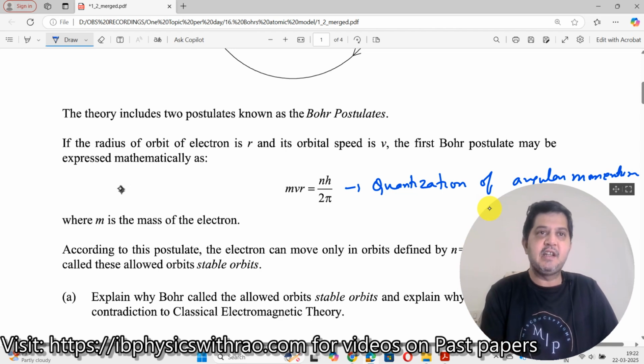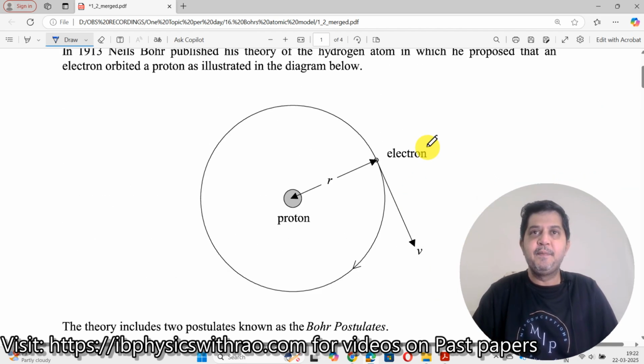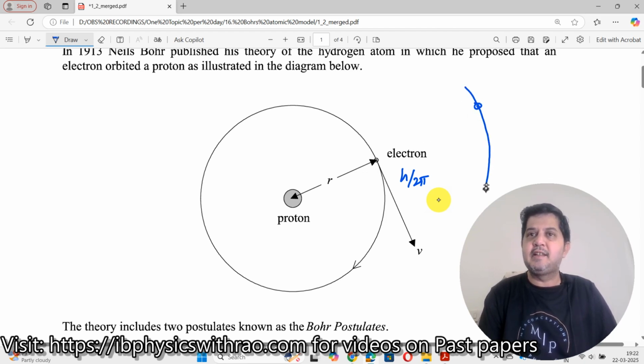Okay, so which means that if you have a nucleus, I'll write it over here. If I have a proton here and an electron here, I write only one proton and electron over here. This electron will have an angular momentum equal to h by 2 pi because it is in the first orbit. If I have an electron present in the second orbit, revolving like this, then this will have an angular momentum equal to 2 times h by 2 pi.